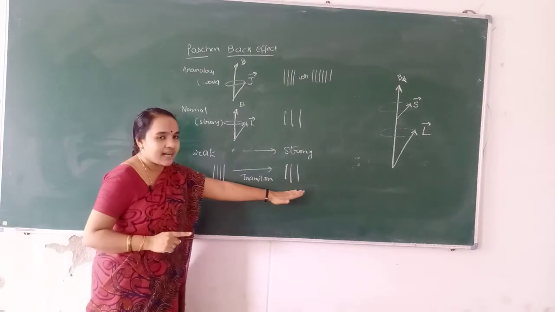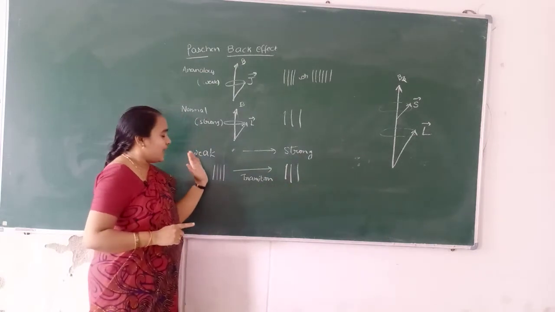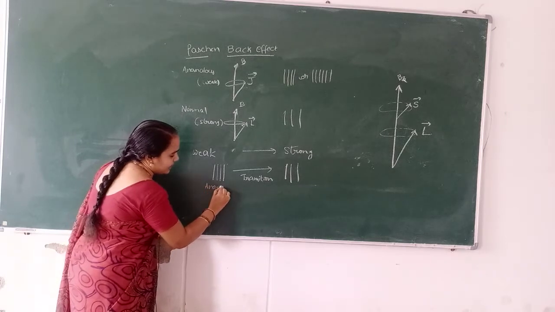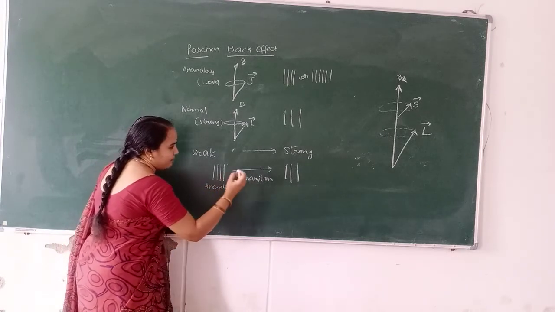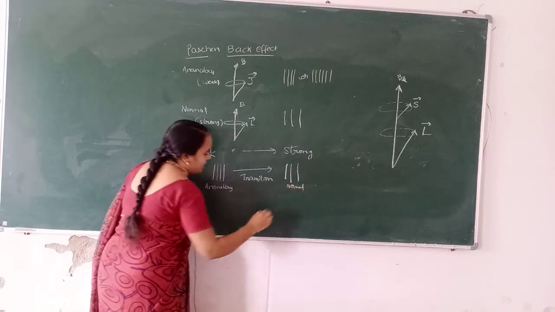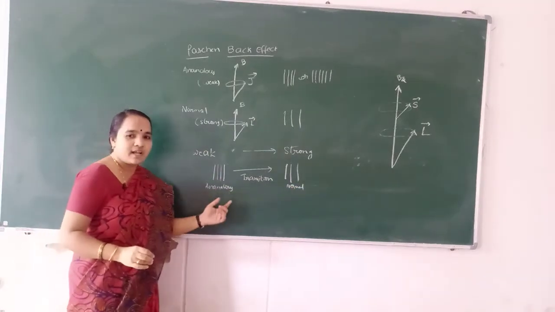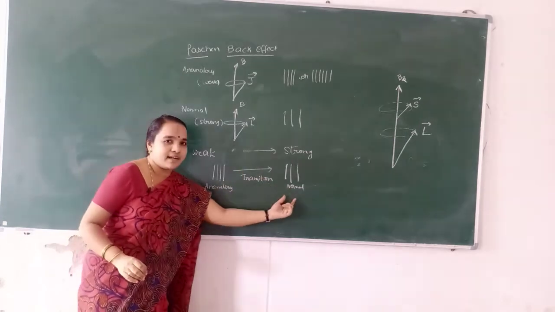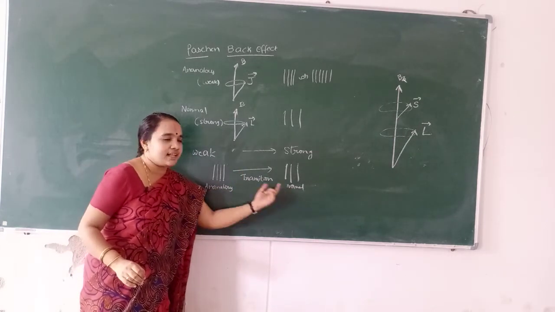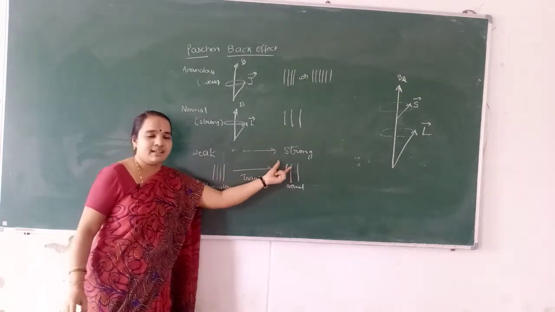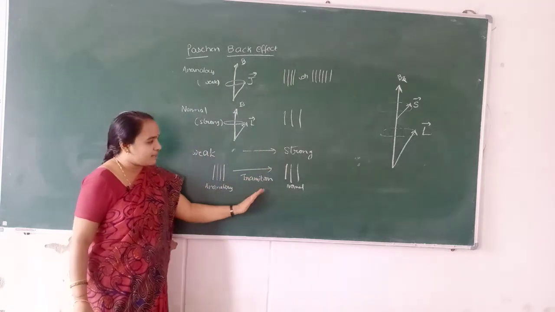This transition from the anomalous Zeeman pattern to the normal Zeeman pattern is called the Paschen-Back effect. Once again, the transition from the anomalous Zeeman pattern to the normal Zeeman pattern by increasing the magnetic field from weak to strong is called the Paschen-Back effect.